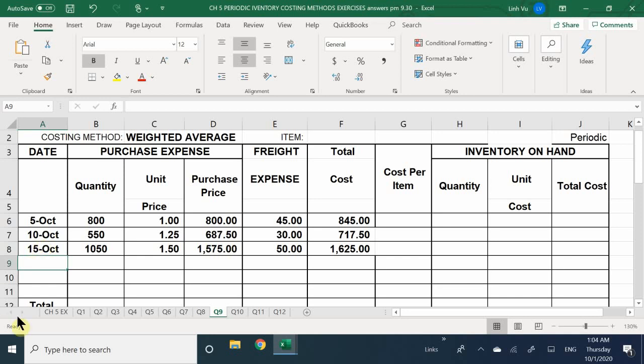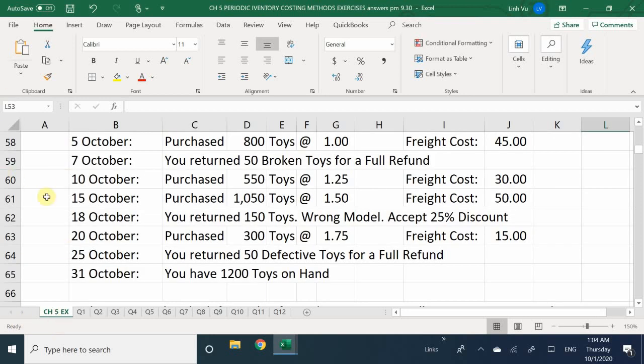Then on October 18, we returned 150 toys because they were the wrong color. However, we were given an additional 25% discount because they were the wrong model. We bought a specific toy and they gave us the wrong one, so they decided to give us a 25% discount.